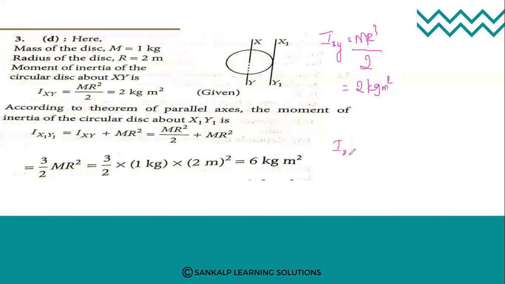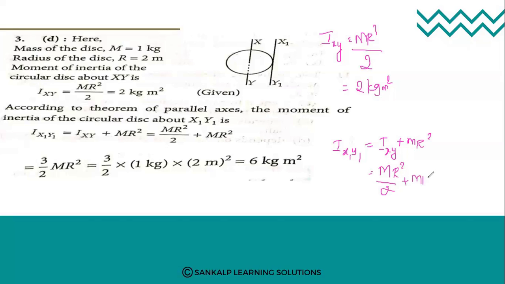For the edge line, Ix1y1 is equal to the moment of inertia of the center one, Ixy, plus mr square. So this is mr square by 2 plus mr square.